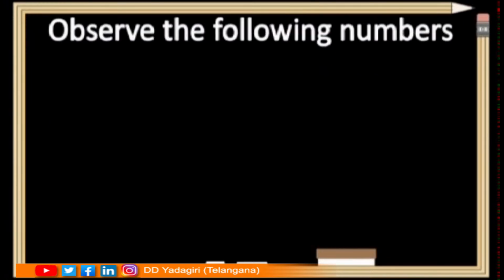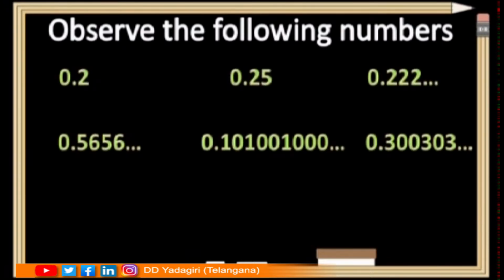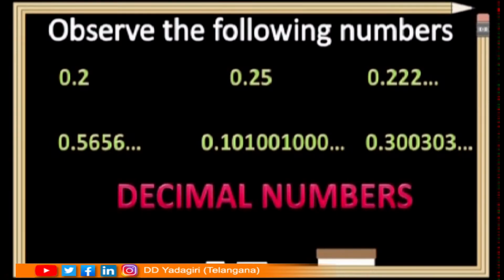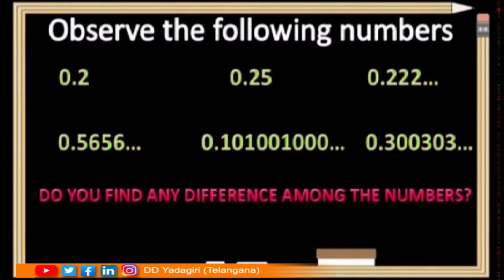Now, observe the following numbers. Here we have some decimal numbers: 0.2, 0.25, 0.222 and so on, 0.5656 and so on, 0.10100100010000 and so on, and 0.300303 and so on. Do you find any difference among these numbers?